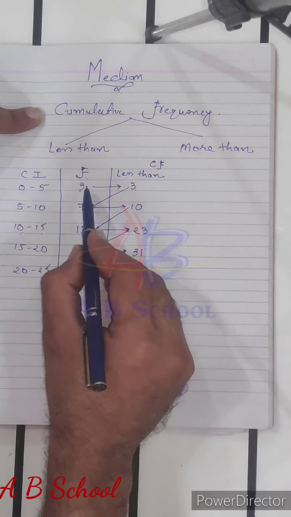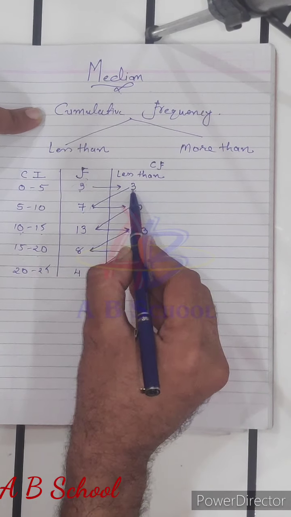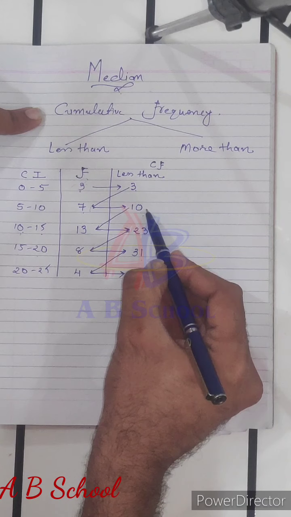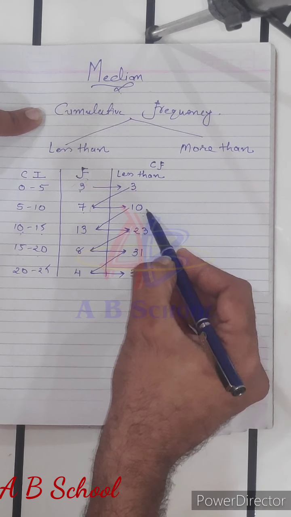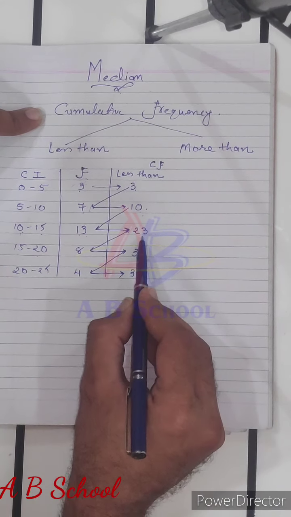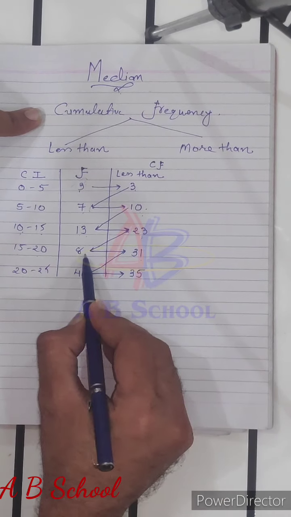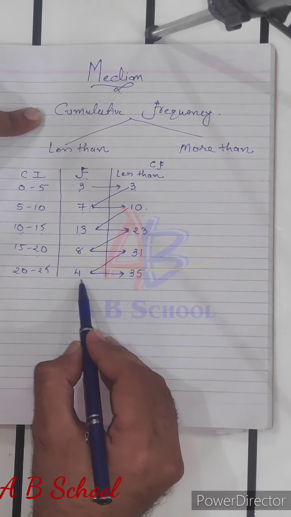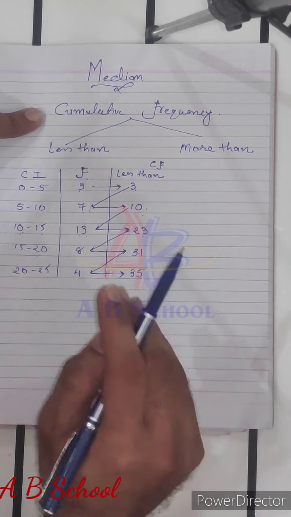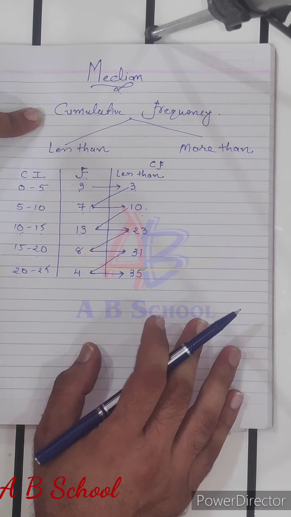But in a simple way we find it this particular way: 3 plus 7, 10. The cumulative frequency of this class added to the frequency of the next class gives the cumulative frequency of the next class: 23 plus 8, 31, 31 plus 4, 35. This is less than type cumulative frequency.